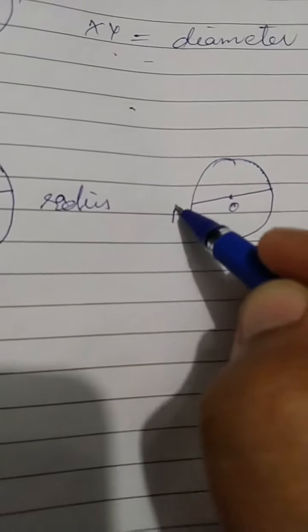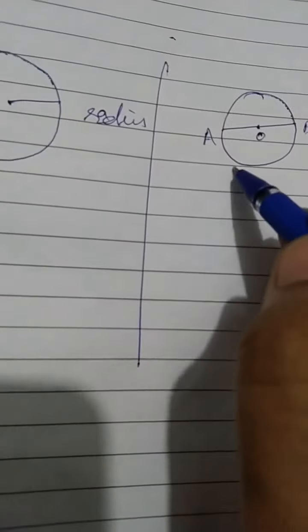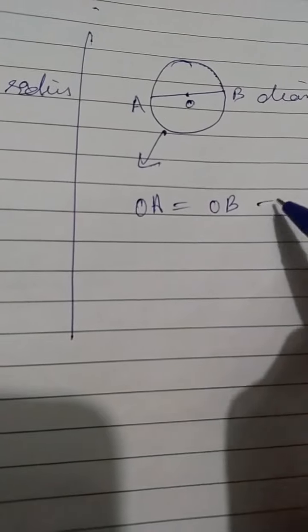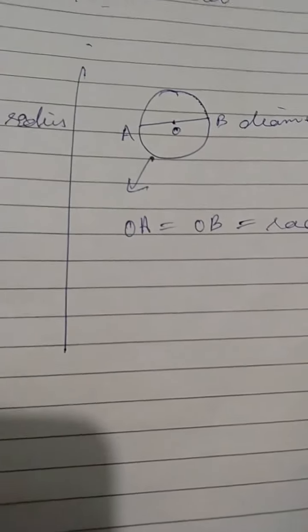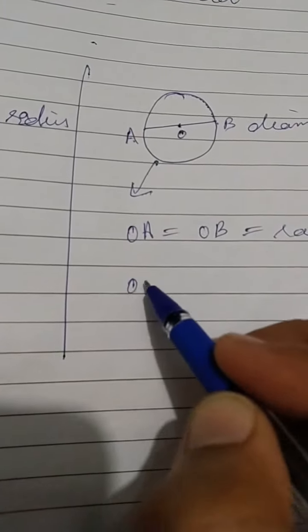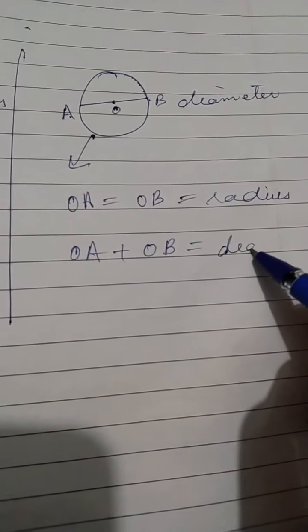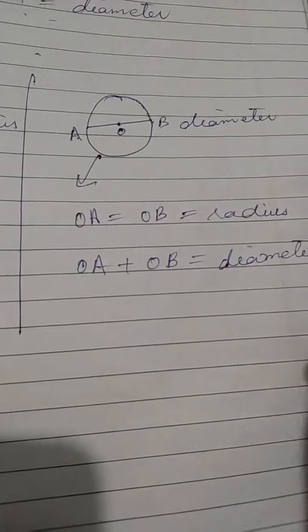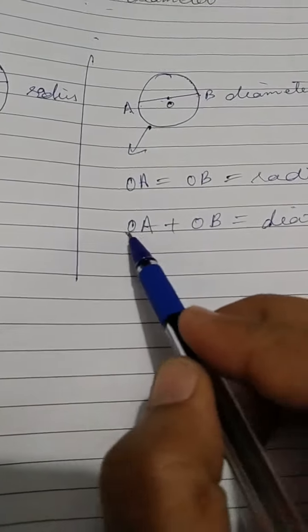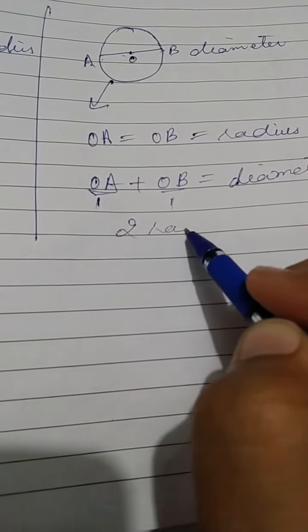Here is O, it is A, it is B. With the help of this picture, OA is equal to OB, that is the radius, right? OA, OB, they are radii. But if I join OA and OB, it will be the diameter, right? Because OA plus OB is the diameter, means two radii, one radius and a second radius. Two radii make a diameter.